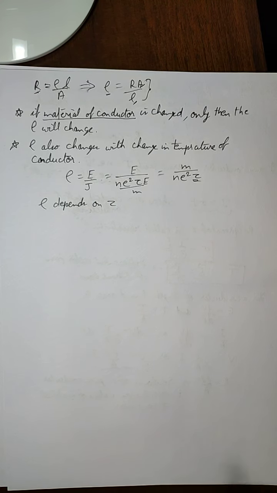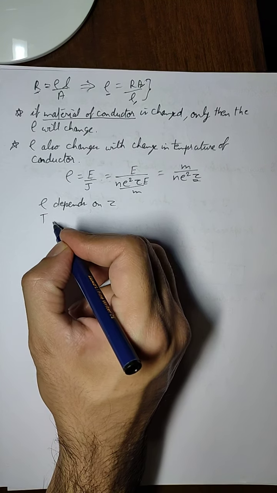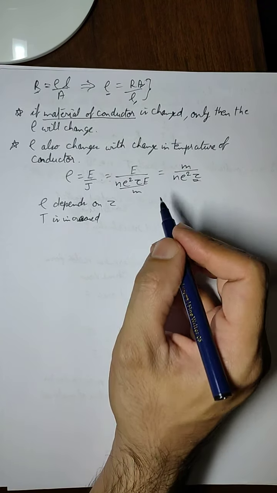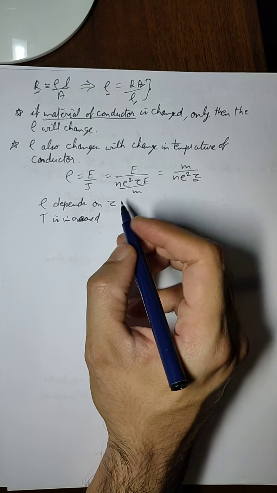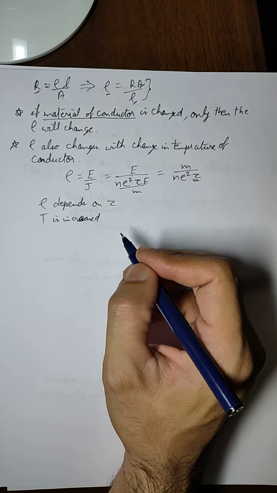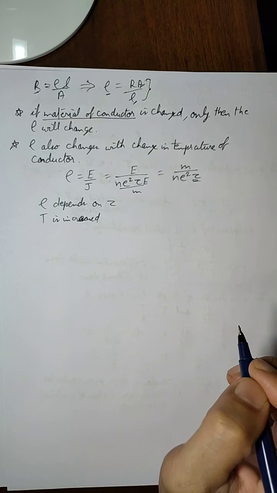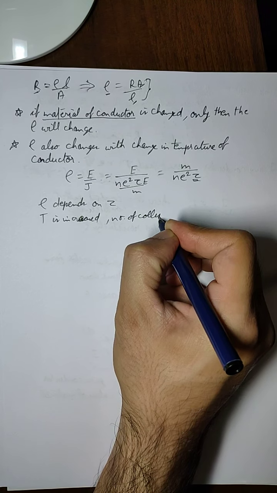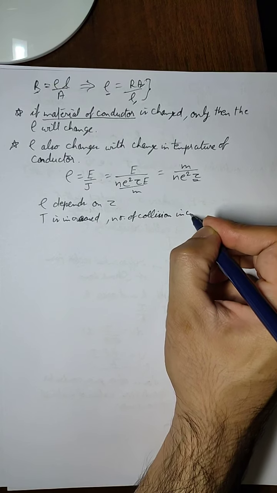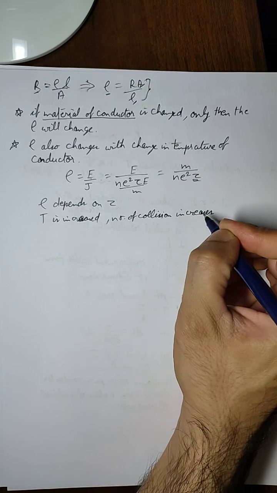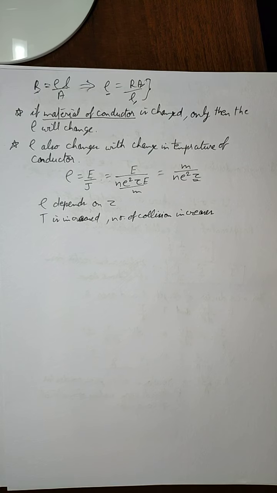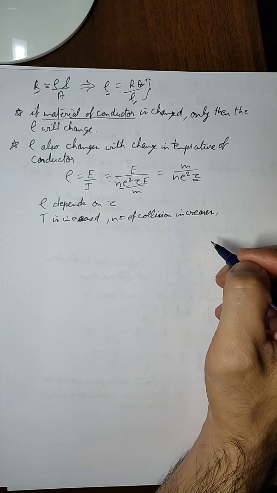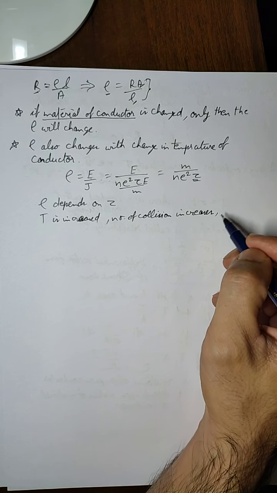They are inversely proportional. Now if the temperature is increased, then the electrons traveling in the conductor become more agitated, and the number of collisions increases. If the number of collisions is increasing, that means between any two successive collisions the relaxation time will decrease.